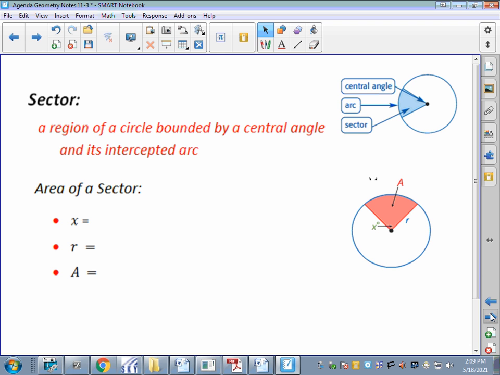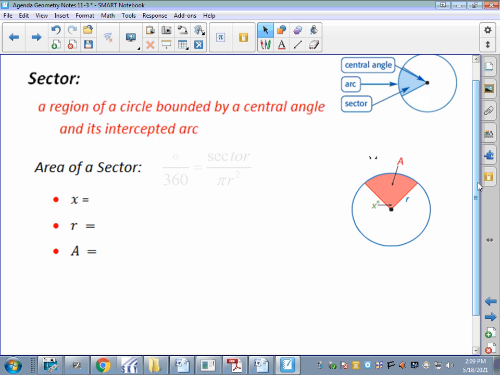So, you know how we found the measure of the length of arc whatever in the circle chapter? Now we're going to find the area of that shaded sector region. So the area of the shaded sector region is equal to a proportion. It's going to be degrees over 360 equals sector over pi r squared.